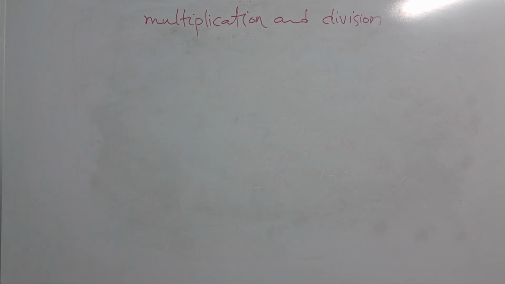Now let's turn to multiplication and division. The rules for multiplication and division are quite different from addition and subtraction. That's why I have explained the concepts in two parts so that you don't get confused.